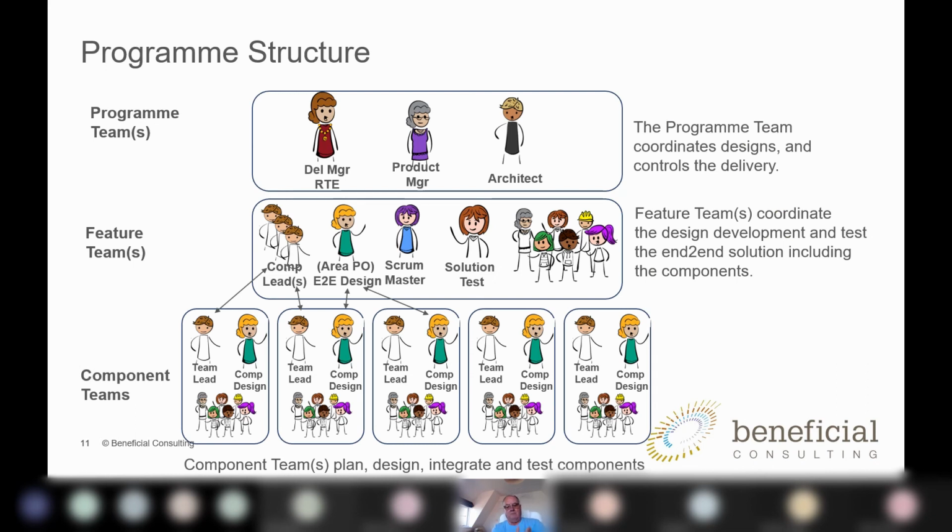If you have a program, this could be a SAFe program where you've got a program team, you've got the RTE, you've got a product manager, you might have an architect in there or some other team member, but basically the program team orchestrates the other teams to deliver. They may produce some high-level designs, they may coordinate and control the delivery, right?